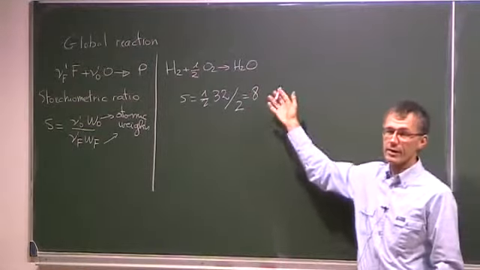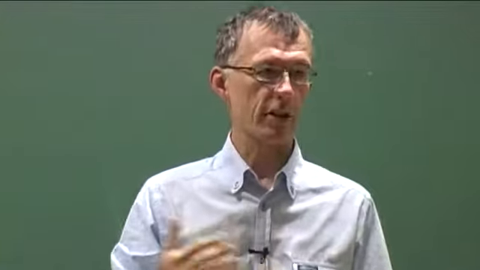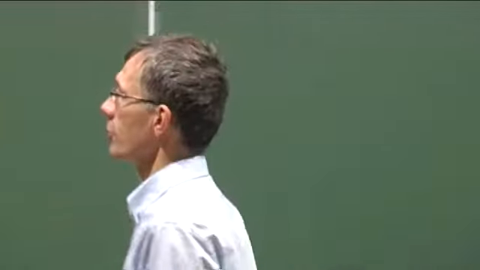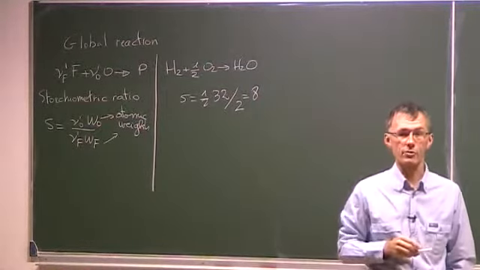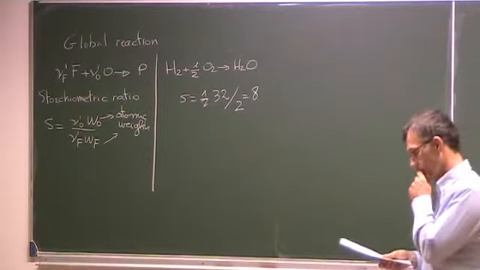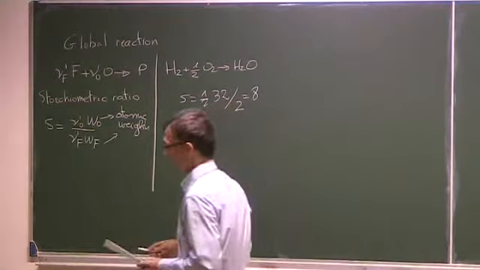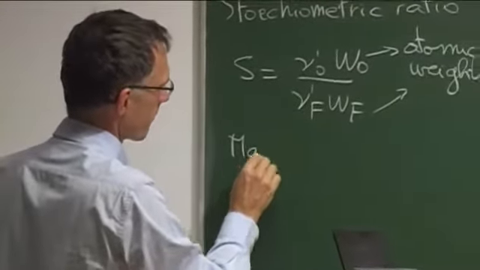What does that mean here? If you want to do a rocket engine burning hydrogen and oxygen, you need to take with you 8 times more oxygen than hydrogen. 8 kilograms of one for 1 kilogram of the other. Okay, the second definition I need here is mass fractions.